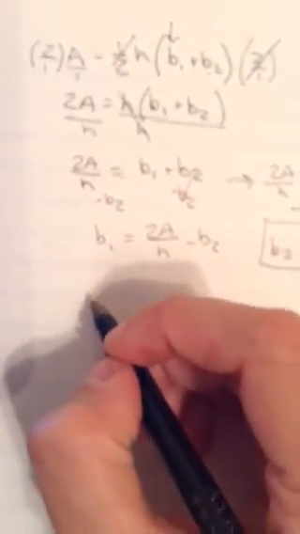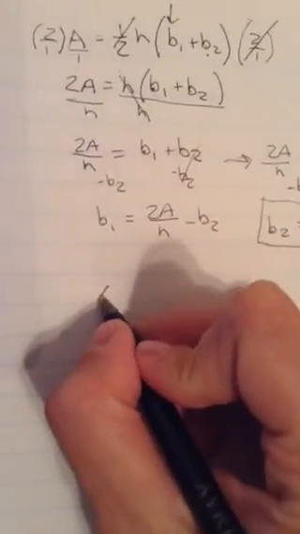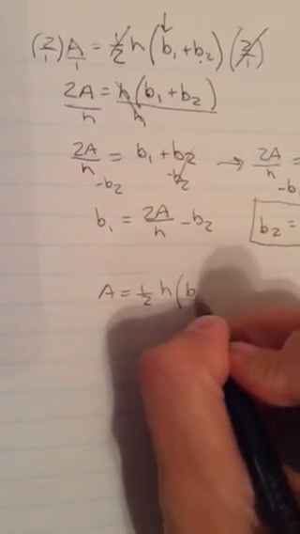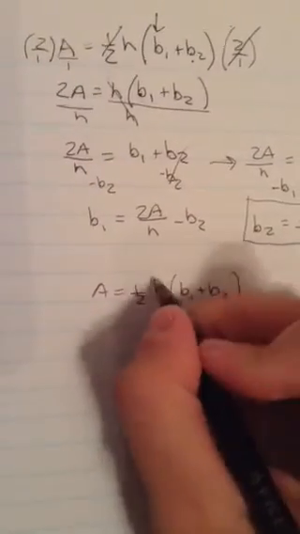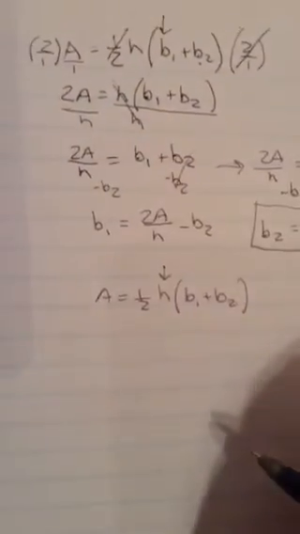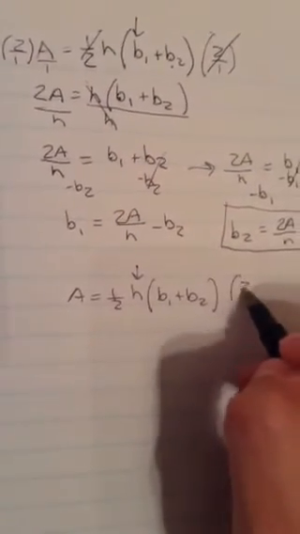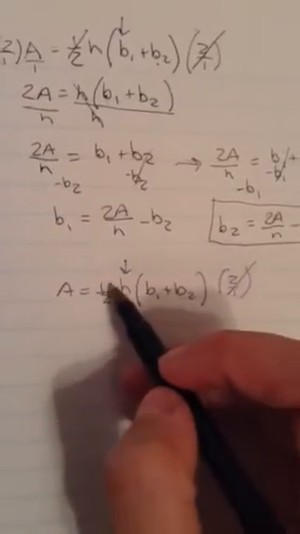So starting with my original equation was A is equal to 1/2 H times B1 plus B2. So now I want H alone. I still want to multiply the 2 over 1 to get rid of this fraction, which is just multiplying by 2.